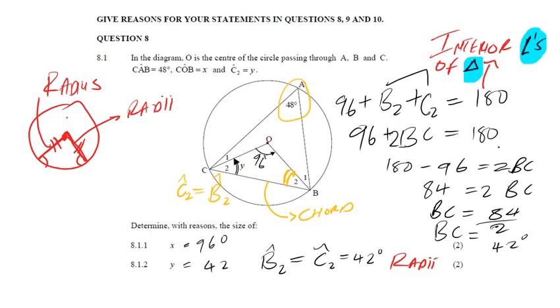I would have gone with saying in triangle ABC, angles A, B, and C add up to 180. Then you subtract 48 from 180 to get the remainder, and from the remainder you can split it on both sides.